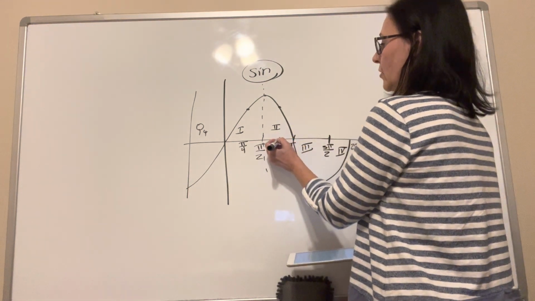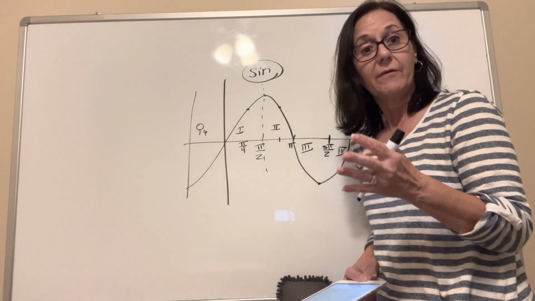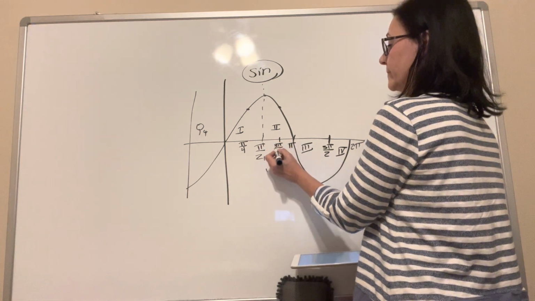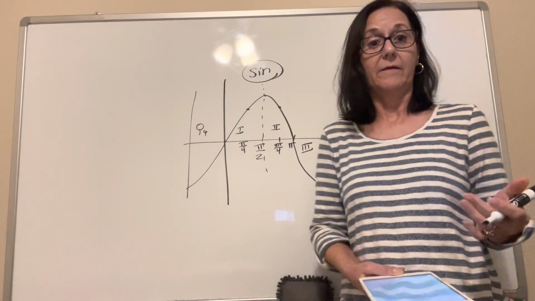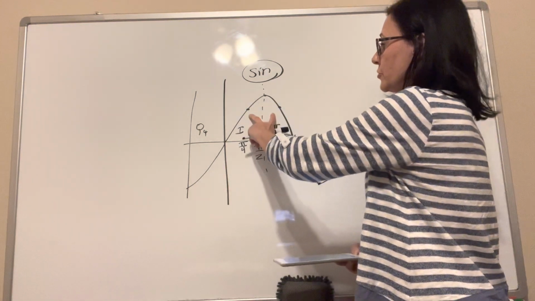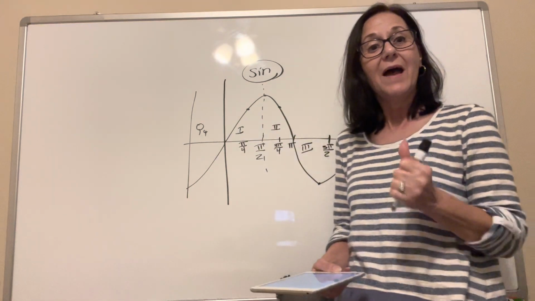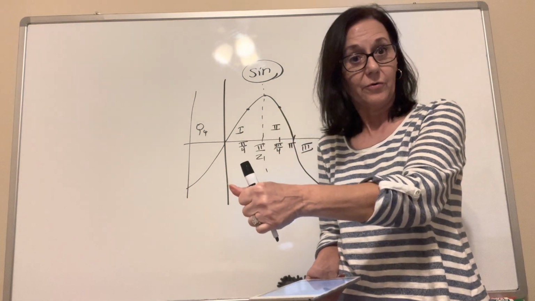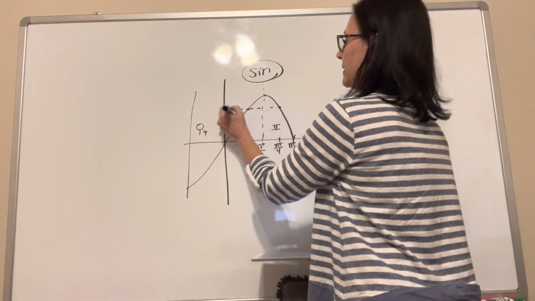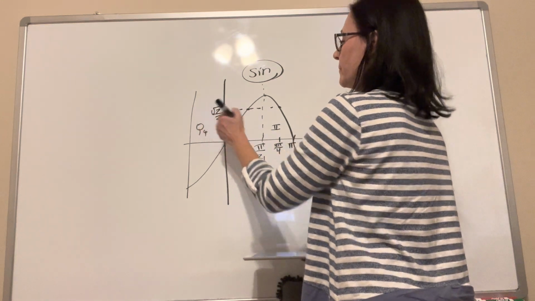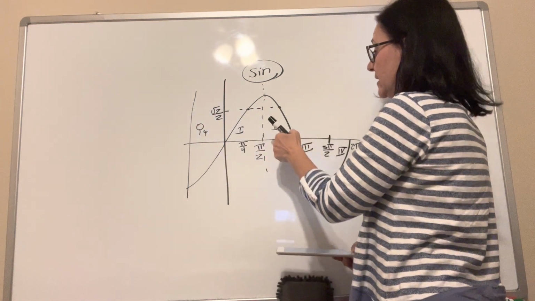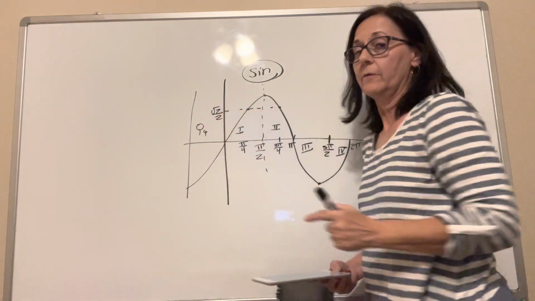It is also the square root of 2 over 2 for the sine of 3 pi over 4, right? So within one cycle, there are two values that have the same output, the same y value. The sine of pi over 4 is equal to square root of 2 over 2, and the sine of 3 pi over 4 is also equal to square root of 2 over 2.